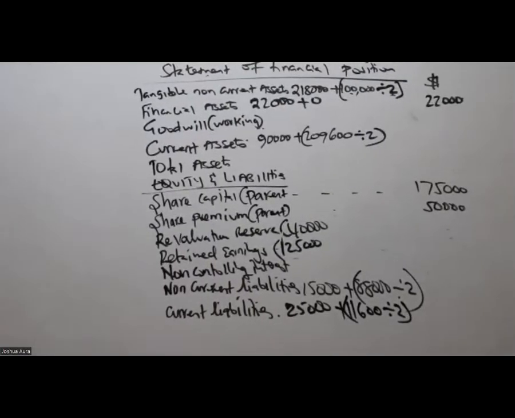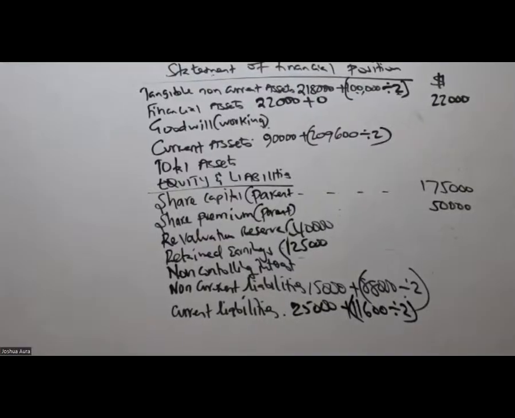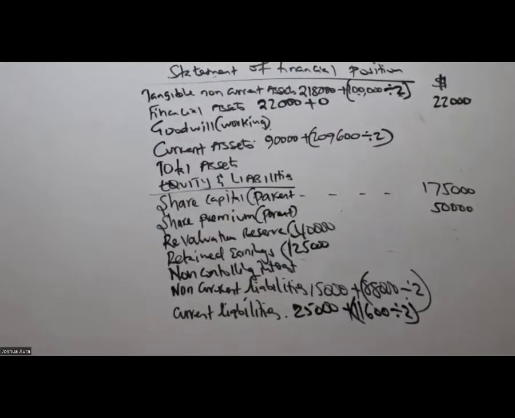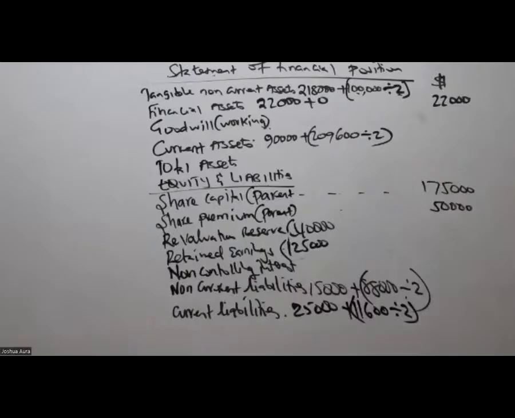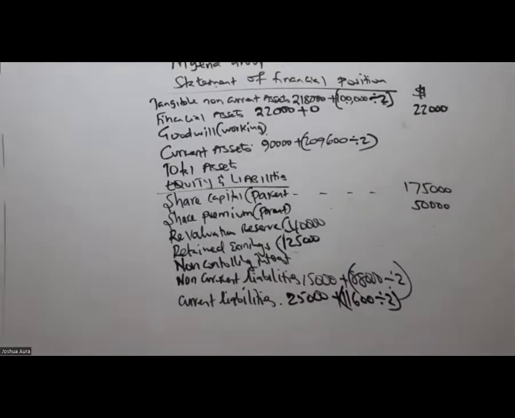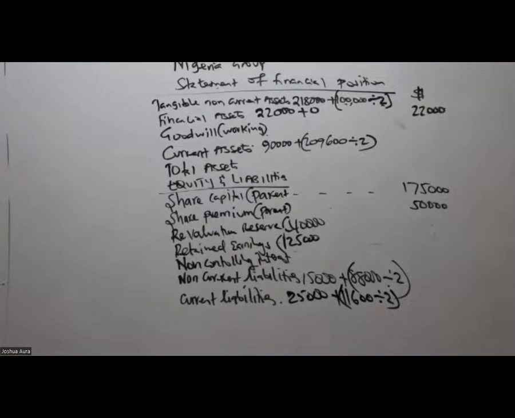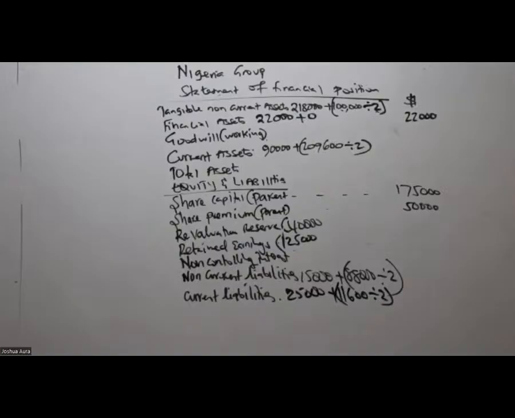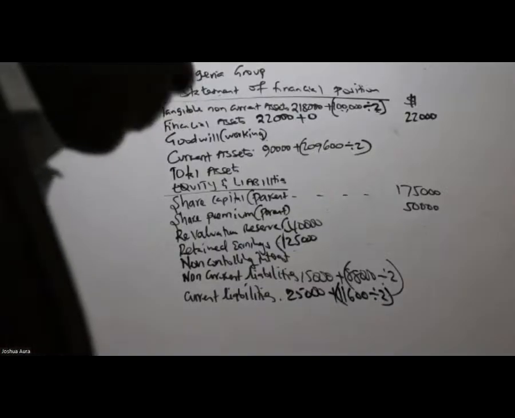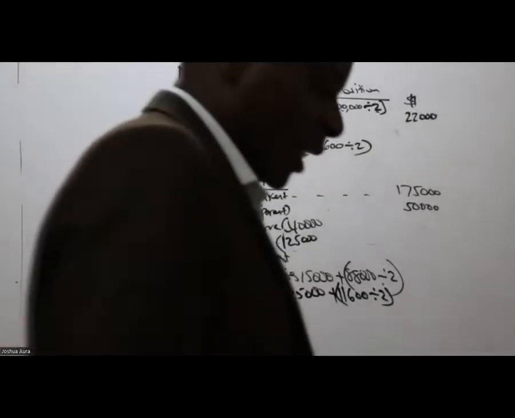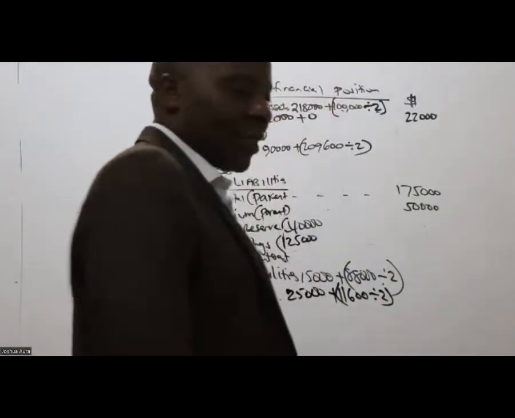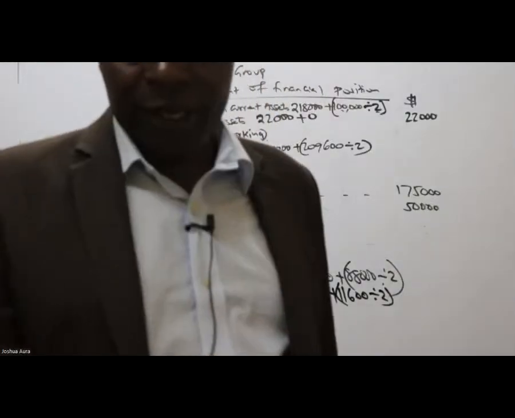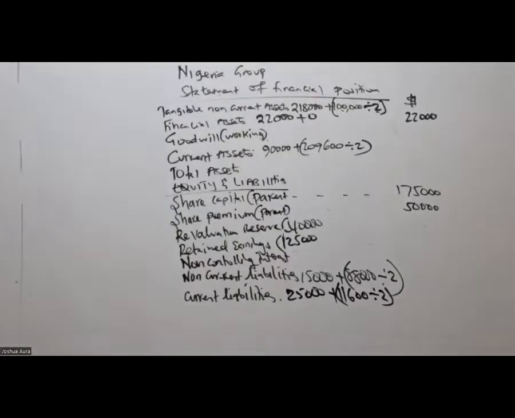I would want to evaluate the net assets of the subsidiary. These subsidiaries that we are acquiring, are the net assets good enough? So I would want to start with the net assets of the subsidiary.